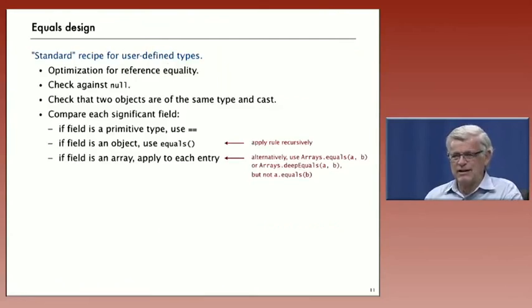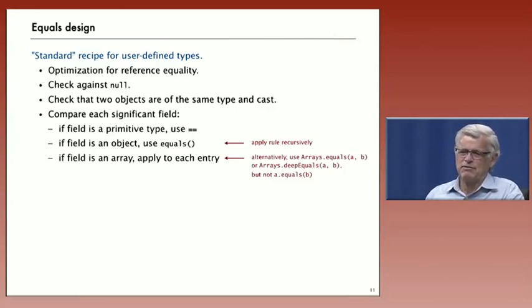Okay, so that's the standard recipe for a user-defined type, just in words: optimize for reference equality, check against null, make sure they're the same type and do the casting, and then compare all the significant fields. If one of the fields is an object, then you use that object's equals, which applies the rule recursively.